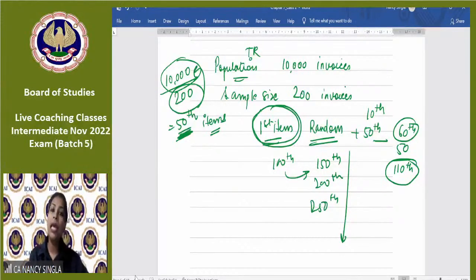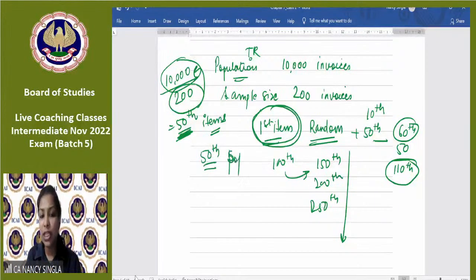Okay. Now let's say the auditor decides that every 50th item is the unit that will be selected for the sample, but the population is so arranged that every 50th item happens to be a particular branch invoice.